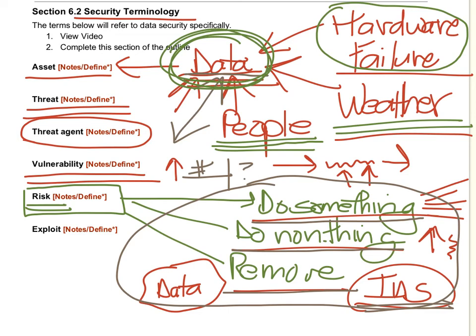Okay? My last word here. If something actually happens, it's an exploit. Okay? And there's lots of laws now that say if you have an exploit, you have something happen. Okay? You had a vulnerability. Okay? There was a threat agent that carried out the threat. Okay? It happened. Okay?